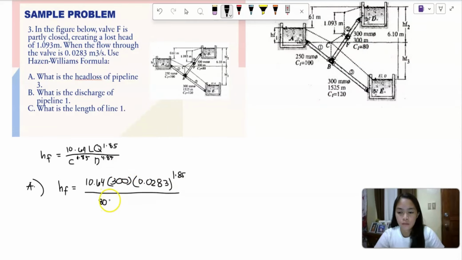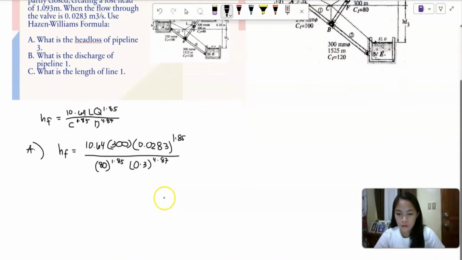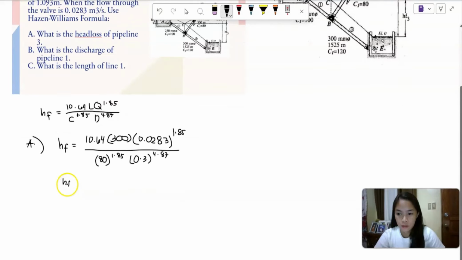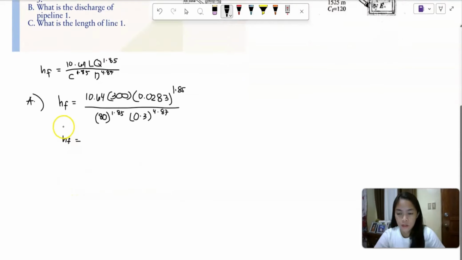So 80, then raised to 1.85, then 0.3 diameter raised to 4.87. So we have a value of 0.463 meters.